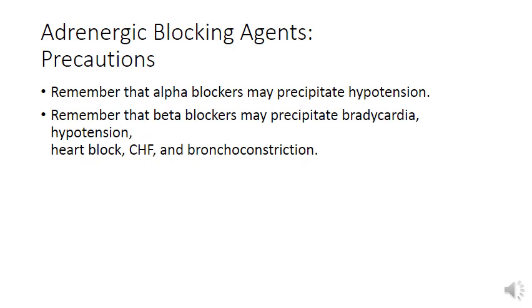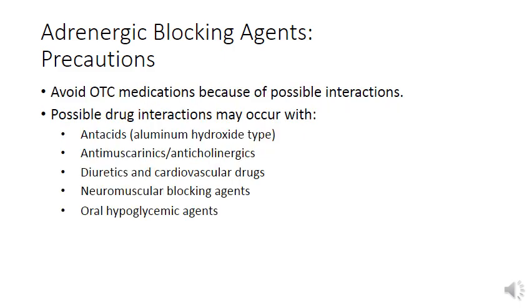Also, precautions: alpha blockers may precipitate hypotension, postural hypotension according to the position, or the first dose phenomenon, and bronchoconstriction. Also there are interactions with over-the-counter medications: aluminum hydroxide, antimuscarinic or anticholinergic drugs, diuretics sometimes, and oral hypoglycemic agents.